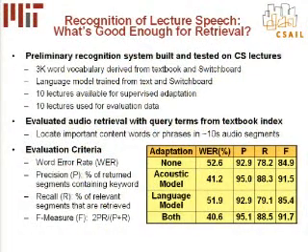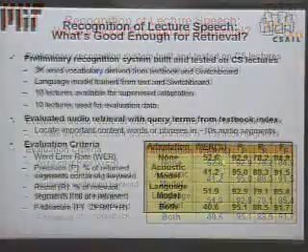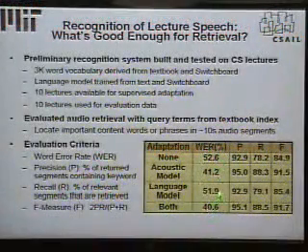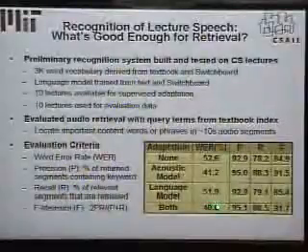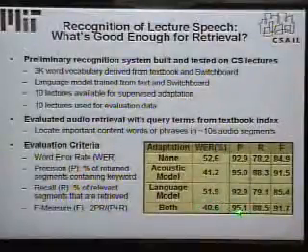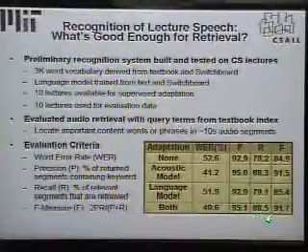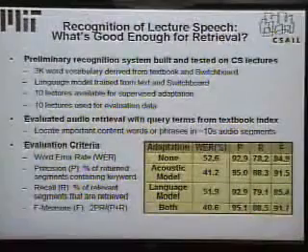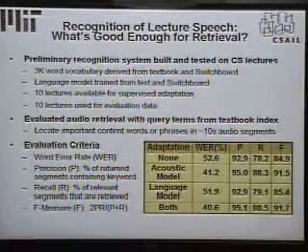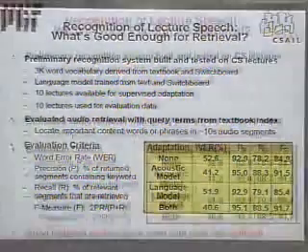And this is what we get, again, looking at various types of adaptation. But you see, even the best that we do here, 40% word error rate, the precision of the segments we return is 95%. The recall is almost 90%. So we're roughly finding 9 out of every 10 of the things that the person is looking for.